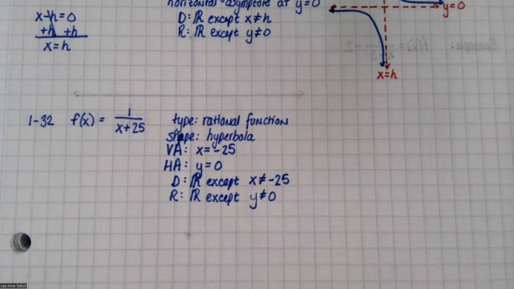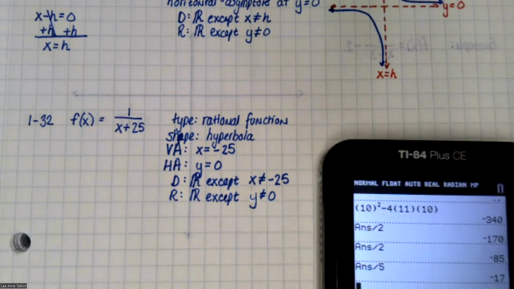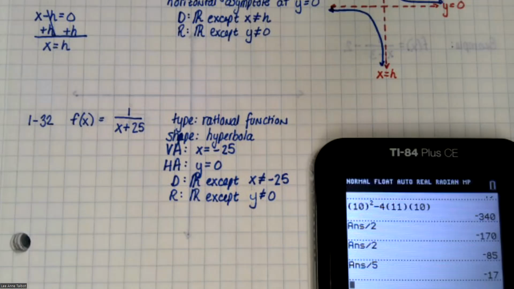Okay, I want to mess with the window on your graphing calculator. So if you guys could get your graphing calculator out or grab one. This is the one time we're going to use it this period.